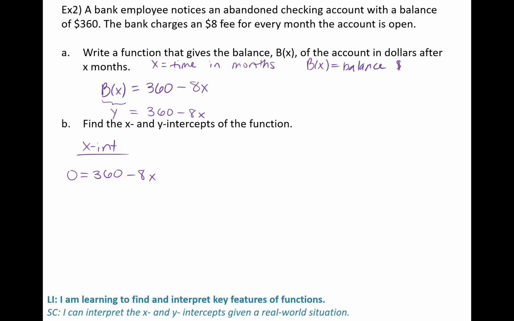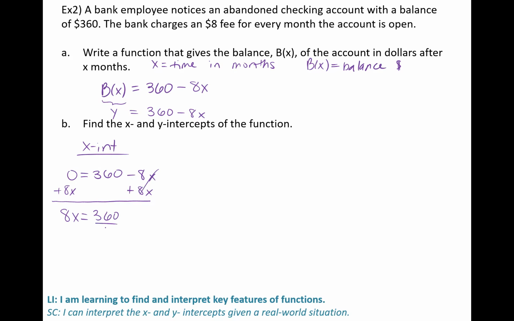You have your choice of how to move things around. I might just add 8x to both sides, like making that negative a positive, I guess. And so 0 plus 8x gives me 8x. I have 360, and then minus 8x plus 8x, that's 0.